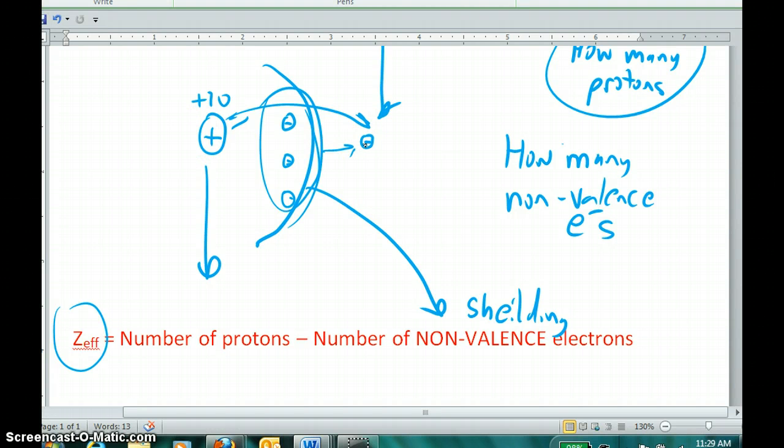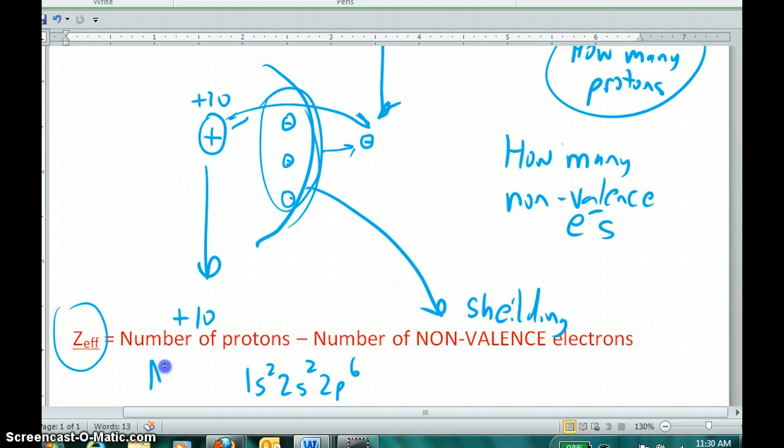And so, as an example, if we were to pick an atom, say neon, neon has a 1s2, 2s2, 2p6 configuration for its electrons. If I looked at a periodic table, I would see that it has 10 protons in its nucleus. And therefore, we'd have a plus 10 pull in the nucleus of neon.